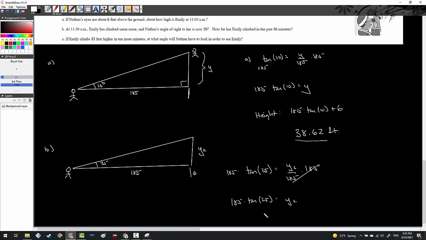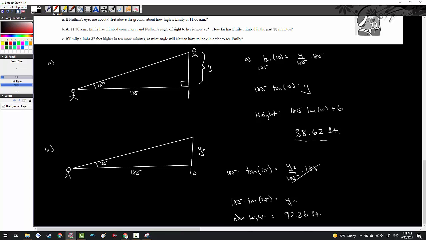So if I punch that into the calculator, tangent of 25 times 185, and I add 6 to it, I'm going to get my new height to be 92.26 feet.